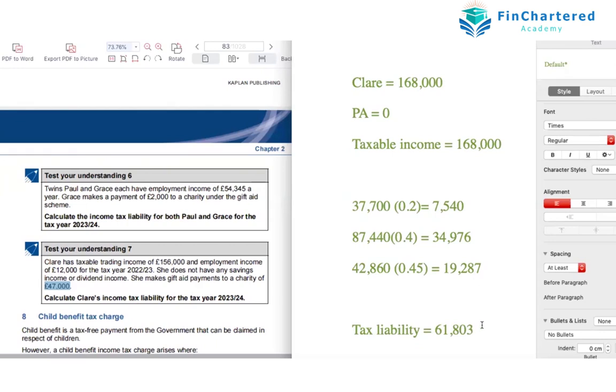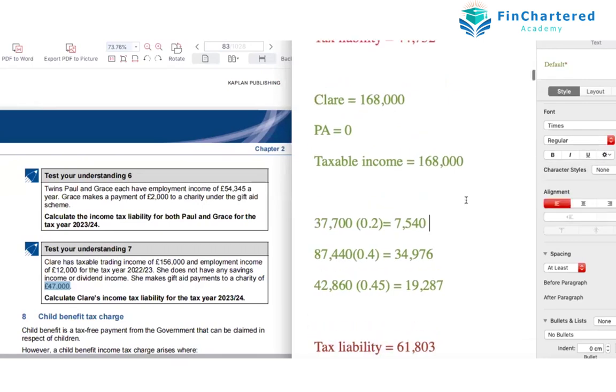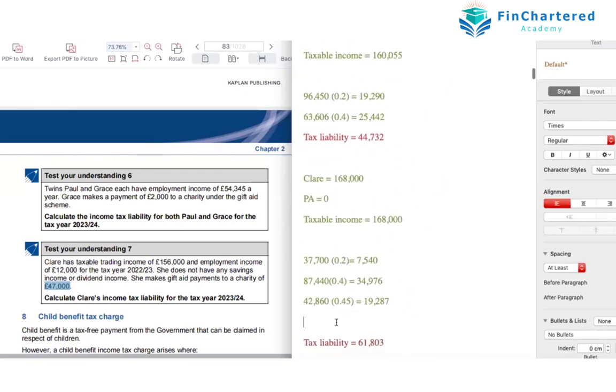So remember this. Without giving the charity, she would have a tax liability of 61,803. But because she has paid charity, she is paying a tax of 44,732. So she's got such a big tax relief.